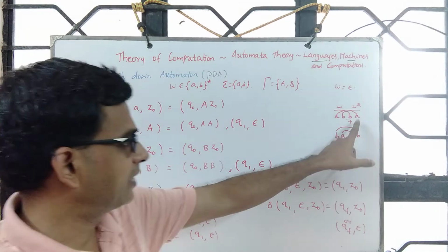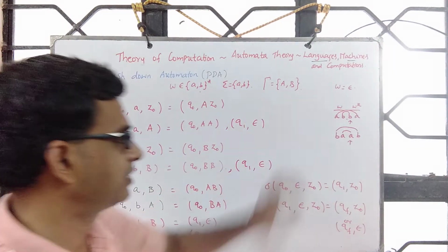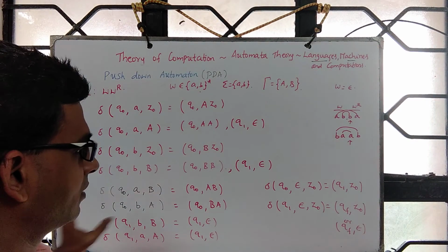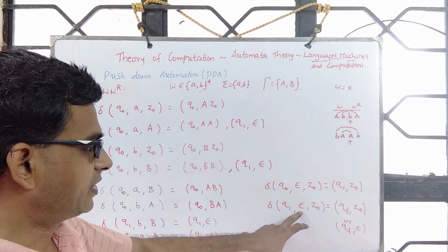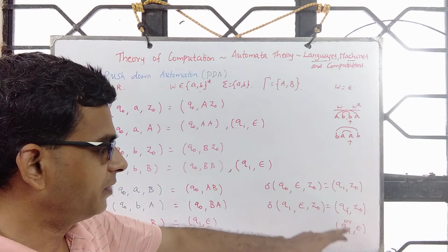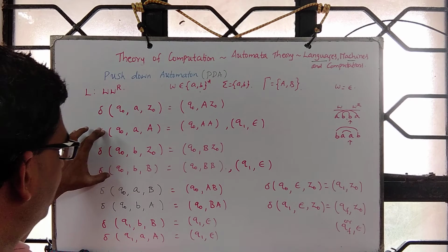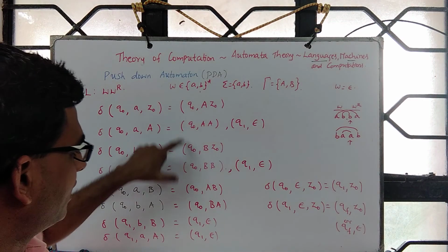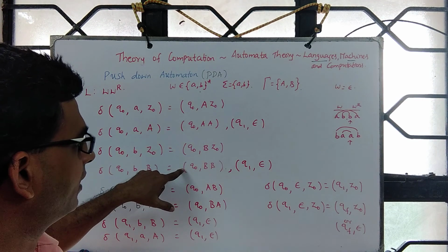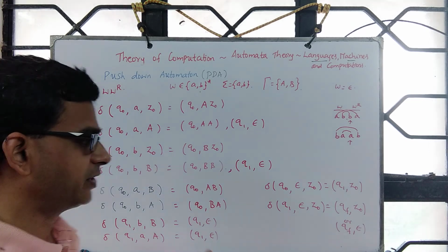You are associating this A with this A, next symbol with this, next symbol with this, and that is taken care of by this. Finally, input is exhausted. Top symbol is Z naught. Reach the final state and stop, or empty the stack and stop. So for this and this, you clearly see that it is moving to more than one element in Q cross gamma star. Therefore, this is a non-deterministic PDA.